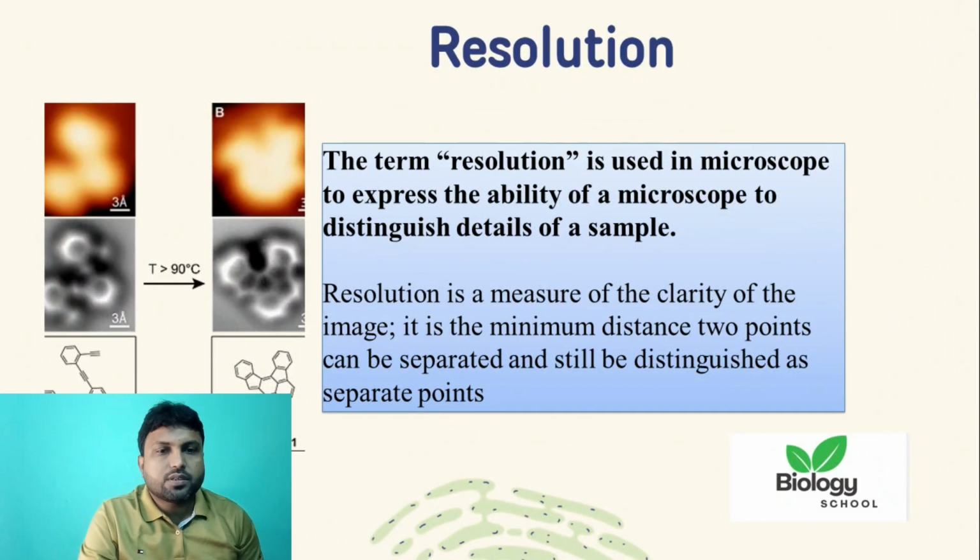The term resolution is used in microscopy to express the ability of a microscope to distinguish details of a sample. Resolution is a measure of the clarity of the image. It is the minimum distance at which two points can be separated and still be distinguished as separate points.